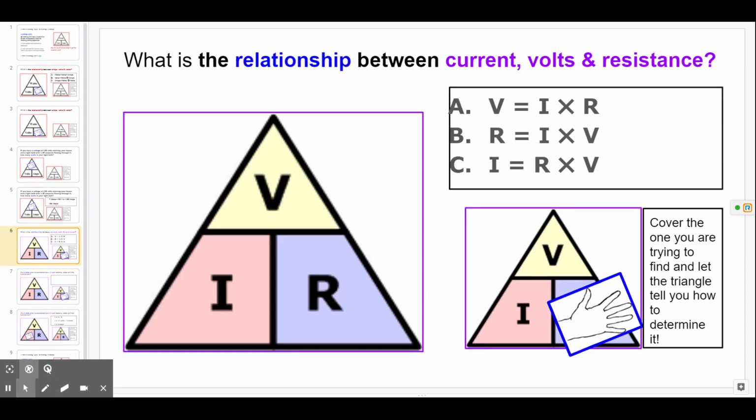What is the relationship between current, volts, and resistance? Let's find out which selection is correct. Remember, I is current, measured in the unit amps. Resistance is represented with the letter R or the unit ohms.